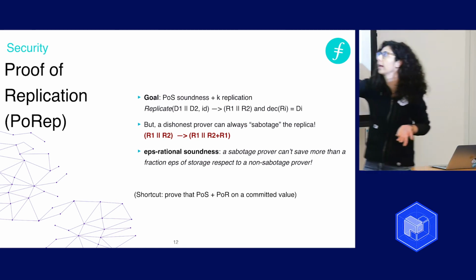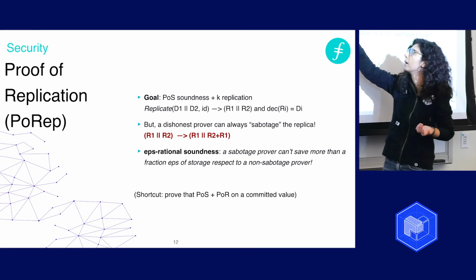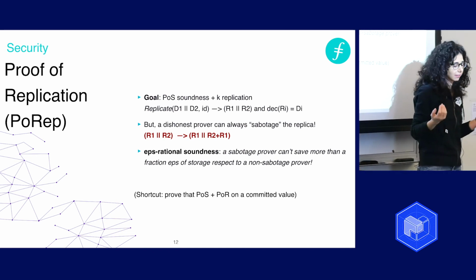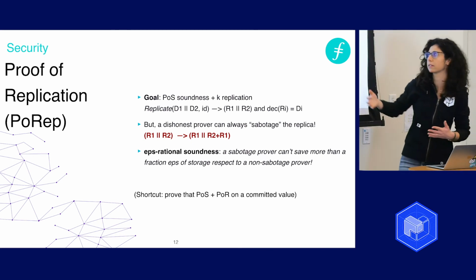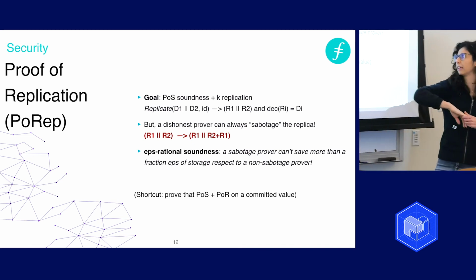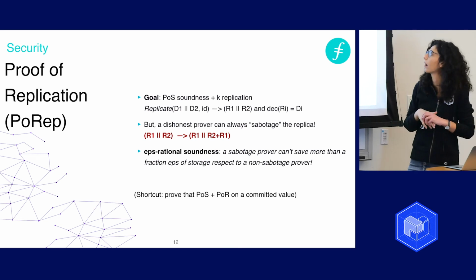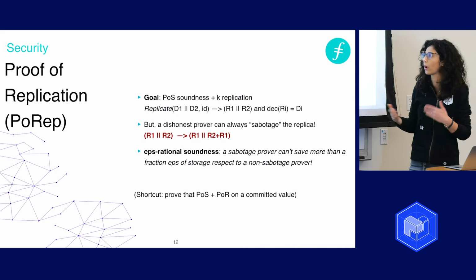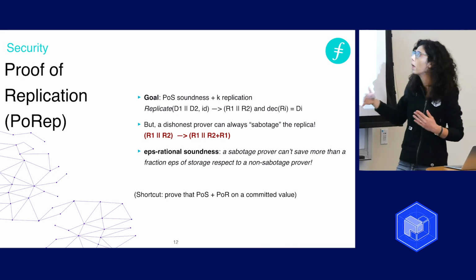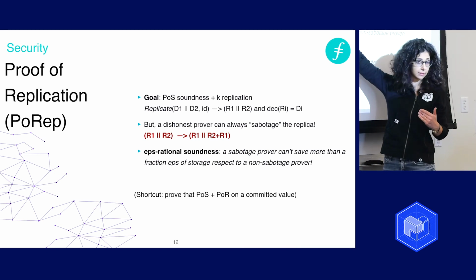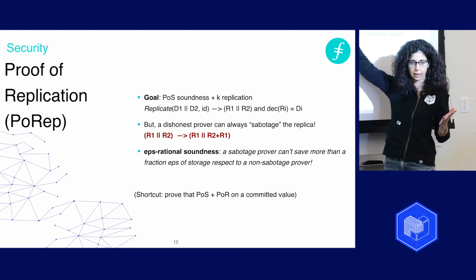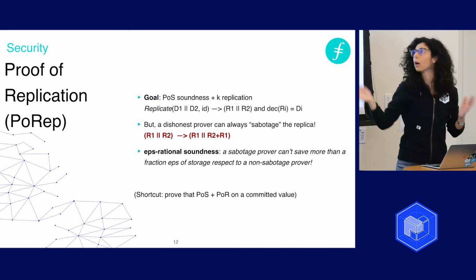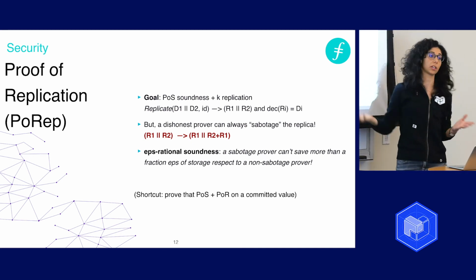And there is no way to really prevent this. A dishonest prover can always do that because it's doing this on its own data, right? And it's very hard to detect something like that with a check. So the idea here is to go again to the rational setting and say that even an adversary that does this kind of sabotage attack is not going to save more space than an attack that does everything but not the sabotage attack.